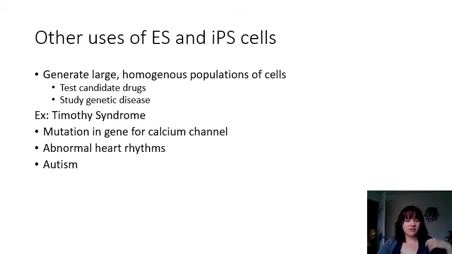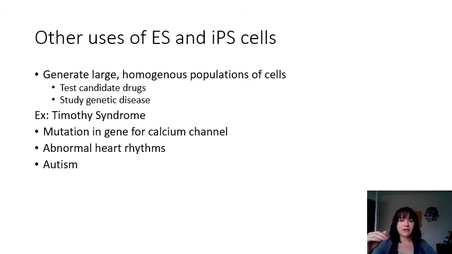Now, if I wanted to study this, I'm not going to be taking neurons from a person, right? That's going to cause problems, right? Same with isolating heart tissue. You know, that's pretty important tissue. Now, instead, what you could do is isolate fibroblasts from a person that has this mutation, induce those fibroblasts into stem cells, and then tell these stem cells to become neurons.